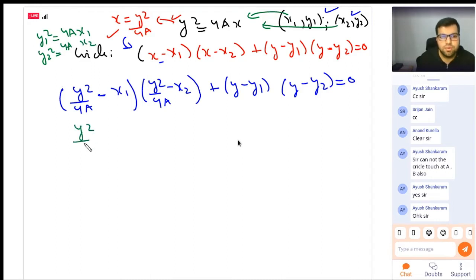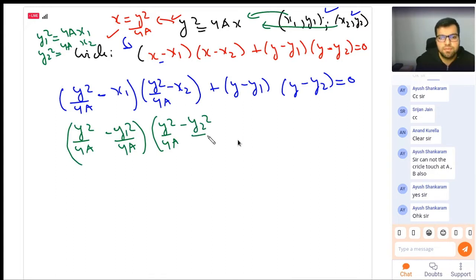So this becomes y square by 4a minus, x1 is y1 square by 4a, into y square by 4a minus, x2 is y2 square by 4a, plus y minus y1 into y minus y2 is equal to 0.